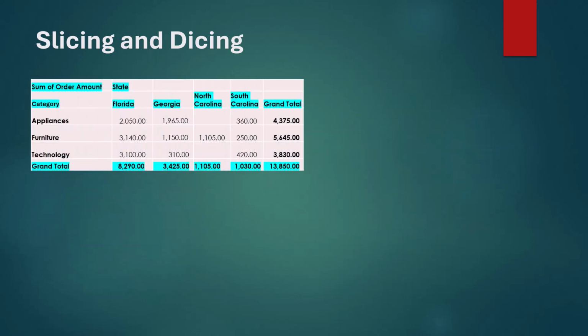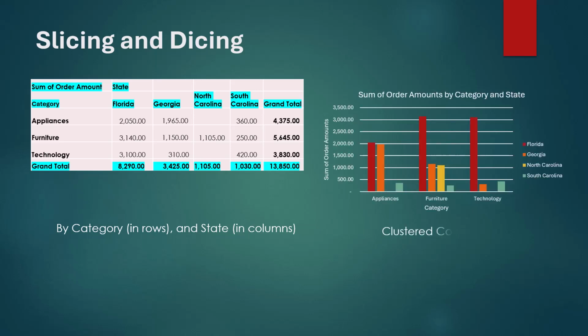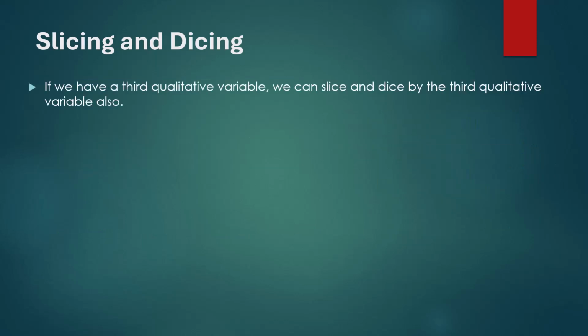Or we can slice it by category first in rows and state in columns, and then draw a clustered column chart for this table.